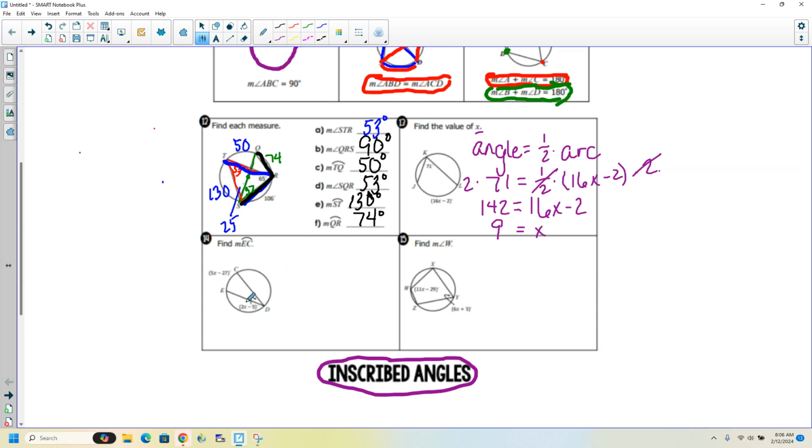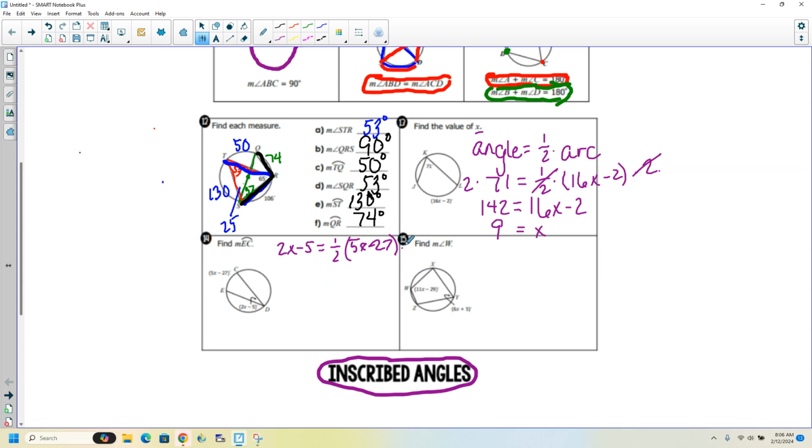Number 14, same relationship, so same deal. The angle, the 2x minus 5, I know that's a little hard to read right there. Angle, 2x minus 5, equals 1/2 of the arc, 5x minus 27. Getting sloppy there, sorry.